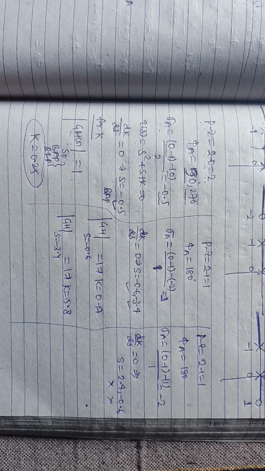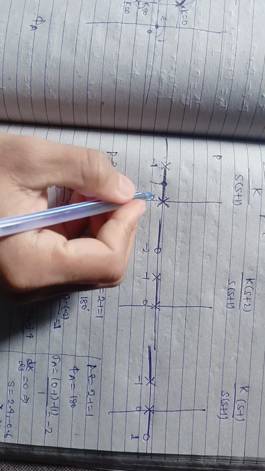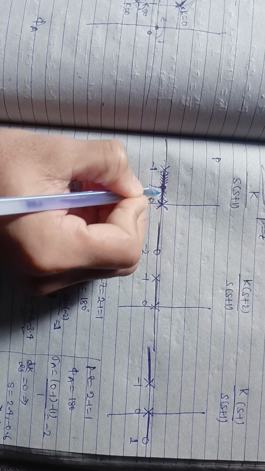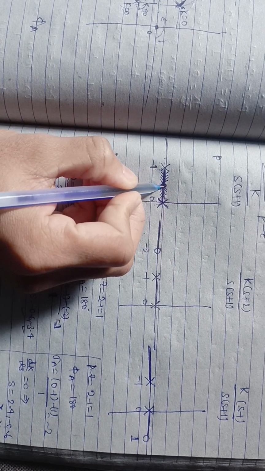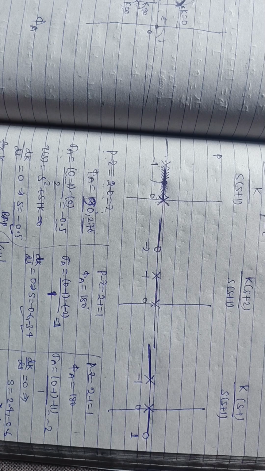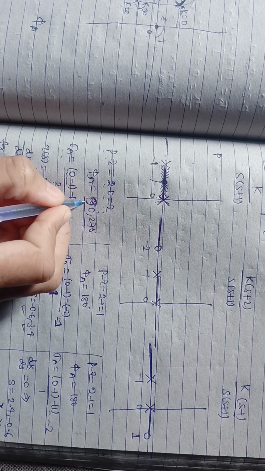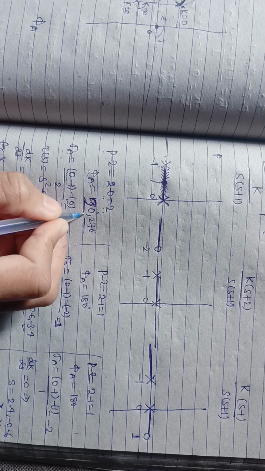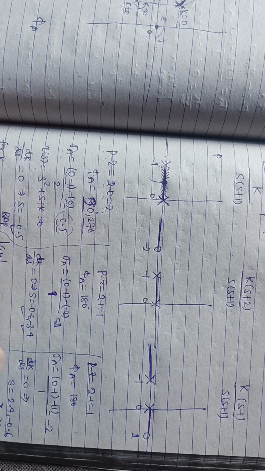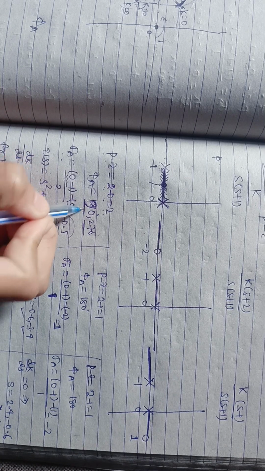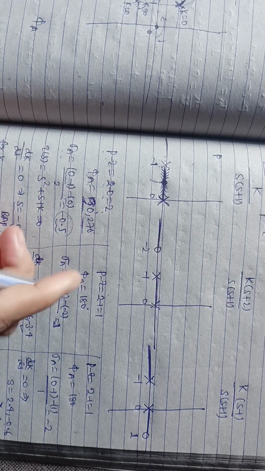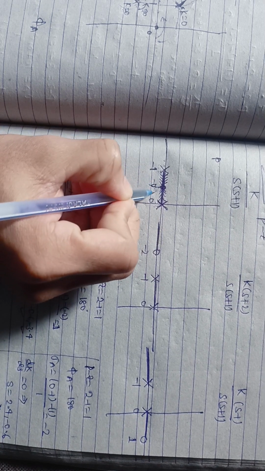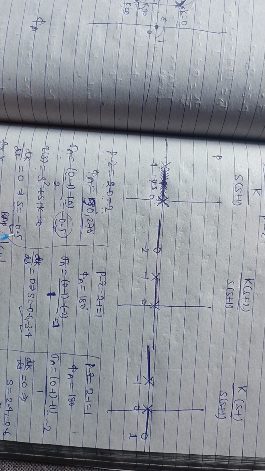So K comes to 0.25. The root locus comes in this way, and at the saddle point the angles of asymptotes will follow and should be drawn from the centroid only. So here the centroid is minus 0.5.